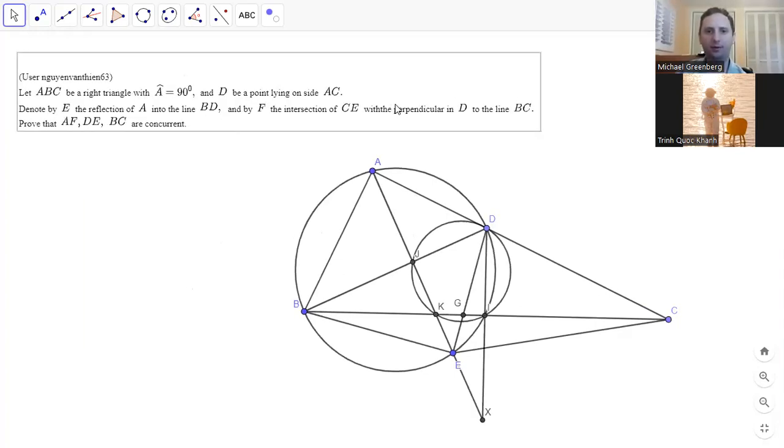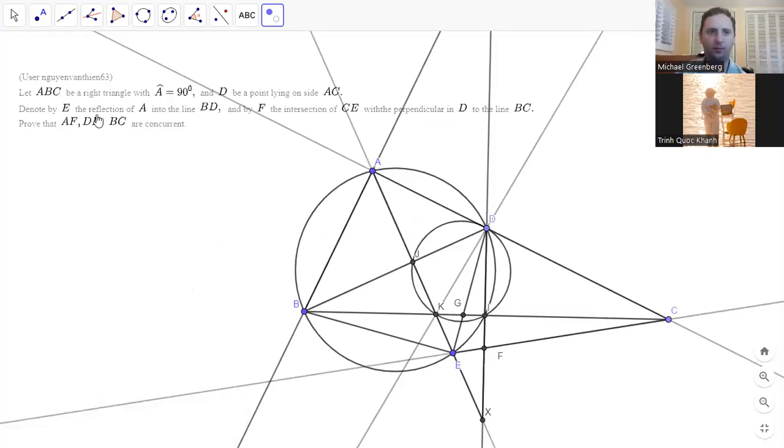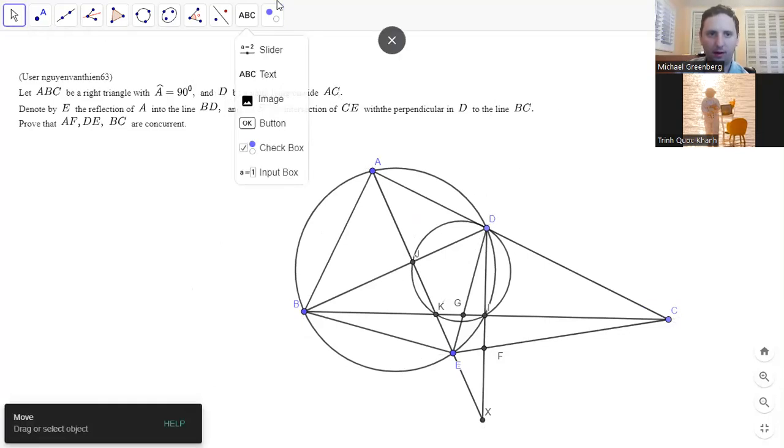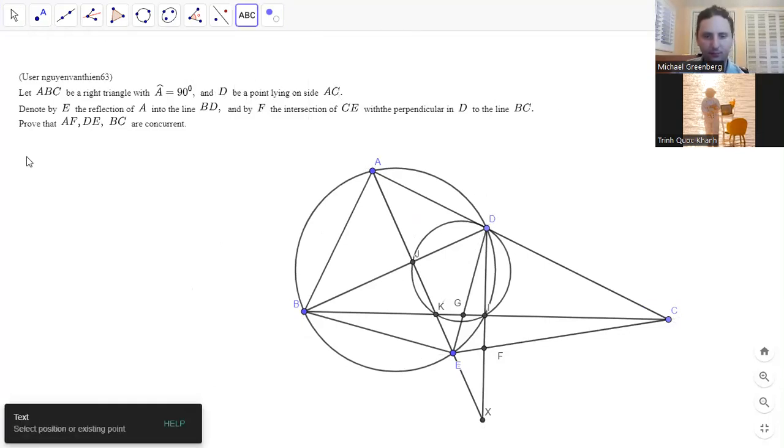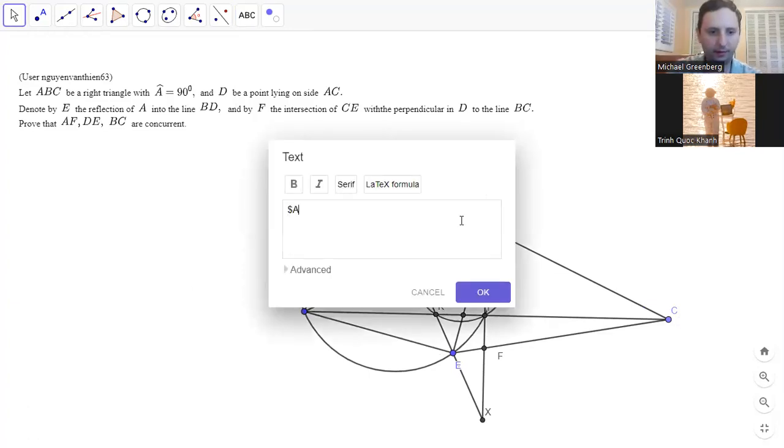Okay, so now that we solved it, I'm just going to unhide F. So ABED is a kite, and thus a harmonic cyclic quad.